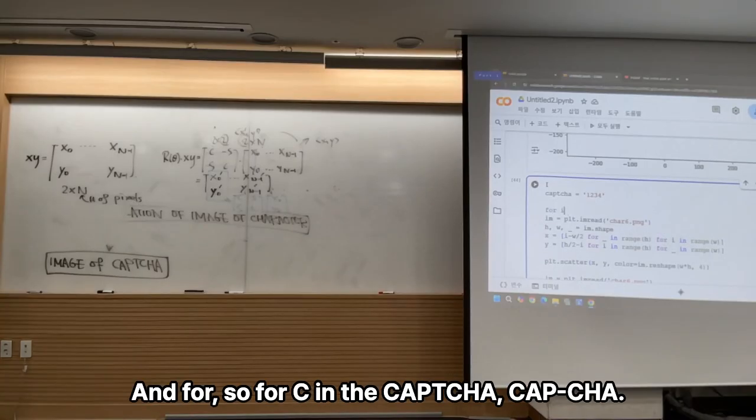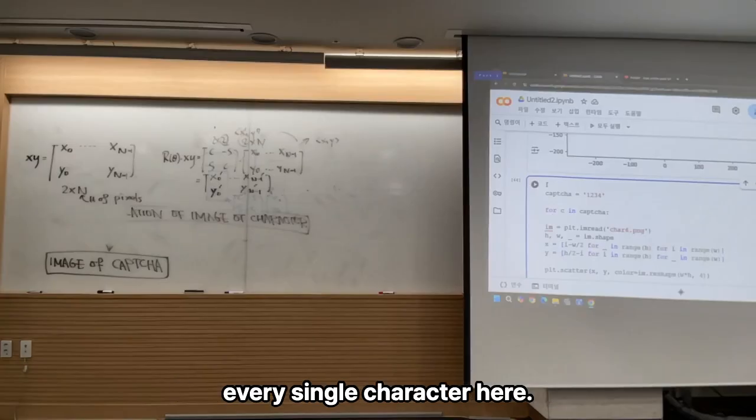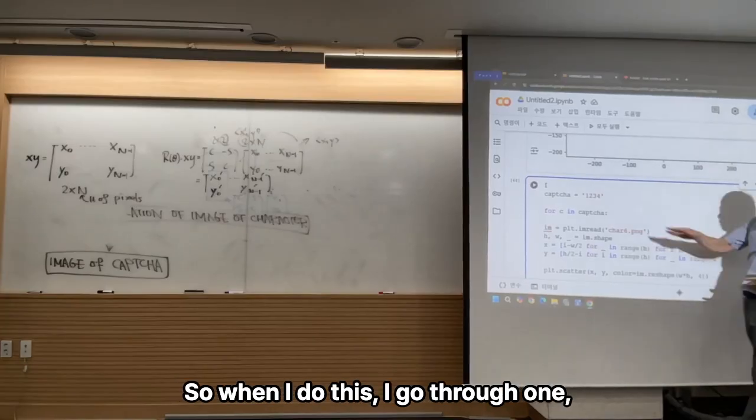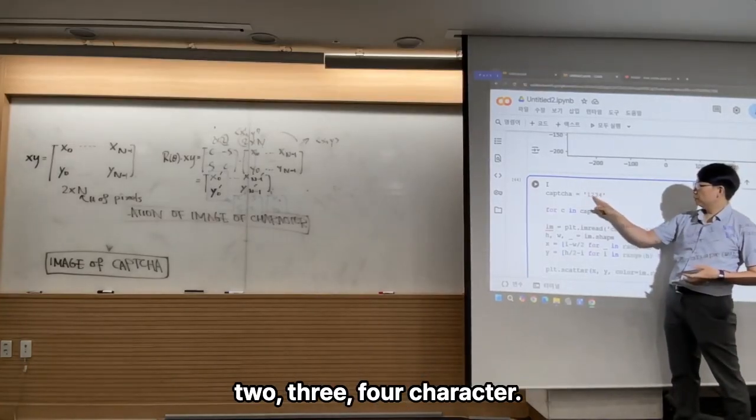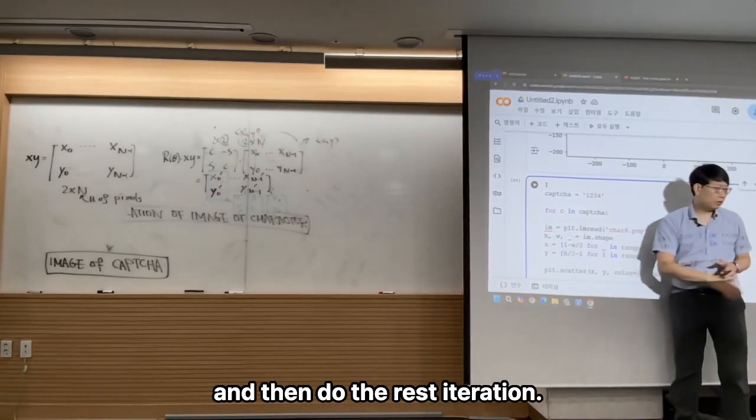And for C in the CAPTCHA, I want to do it for every single character. So I go through the 1, 2, 3, 4 characters, it stores in the variable C, and then does the rest of the iteration.